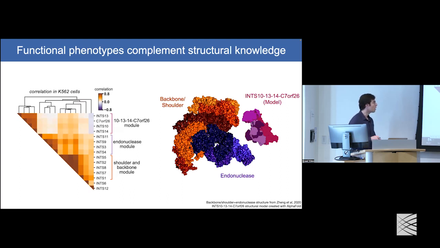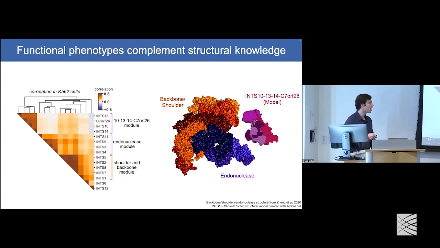And so we could see that these components here in this tight cluster were in what the structural biologists had called the backbone shoulder module of integrator, whereas the 4, 3, 9, 11 genetic cluster was in this endonuclease module of the integrator, which actually contained the known active site of the integrator complex. And then there was no structure of the 10, 13, 14, C7orf26 module.